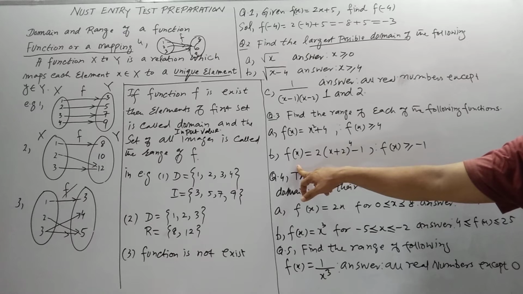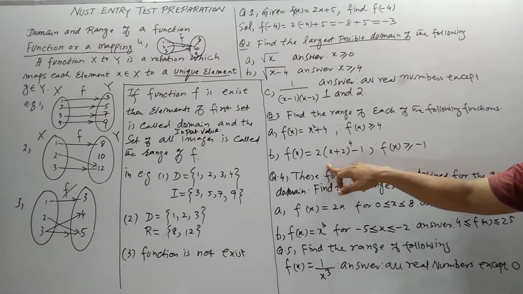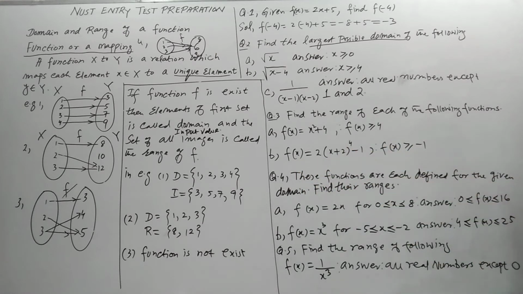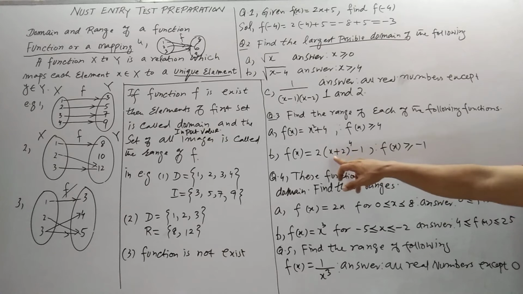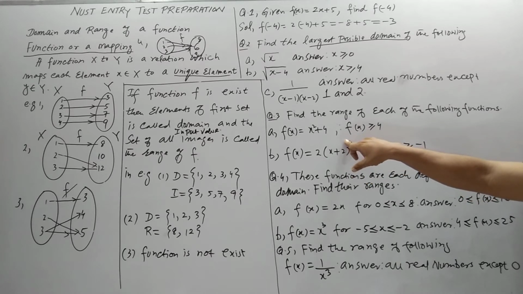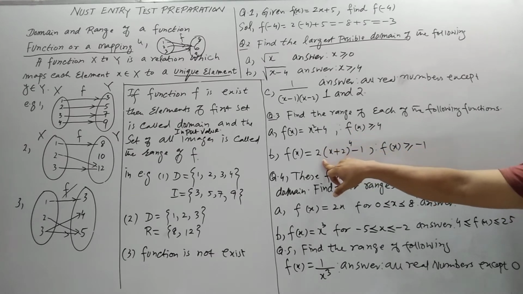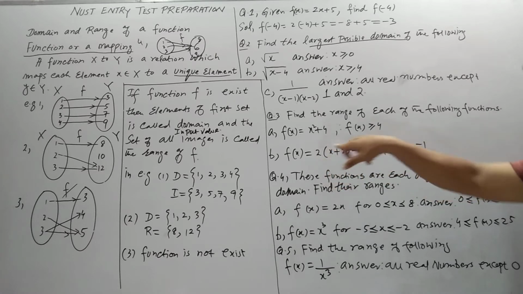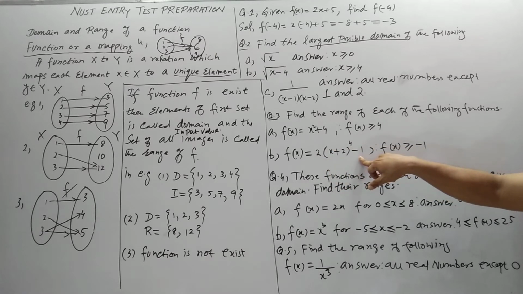f(x) is equal to, the given function is, 2 into (x plus 2) to the power 4, minus 1. If I put, for example, minus 2 over here, minus 2 plus 2 is 0. 0 to the power 4 is 0. 0 multiplied by 2 is 0. 0 minus 1 is minus 1.